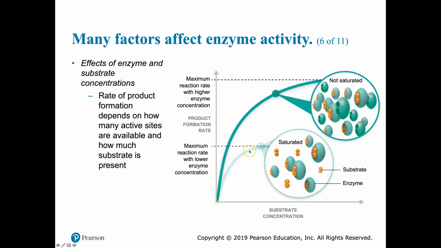So you can see that the maximum reaction rate is significantly less when you have a lower enzyme concentration. When you have a higher enzyme concentration, the maximum reaction rate increases. And that's just because there are enough active sites to meet the needs of all of those substrates. And you may have some enzymes left over.